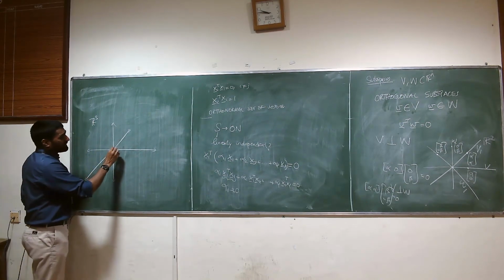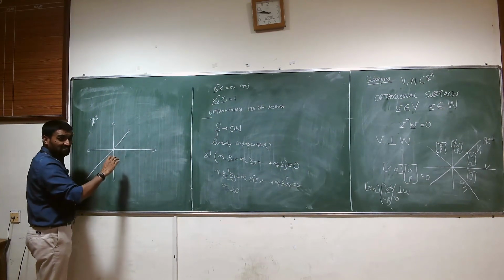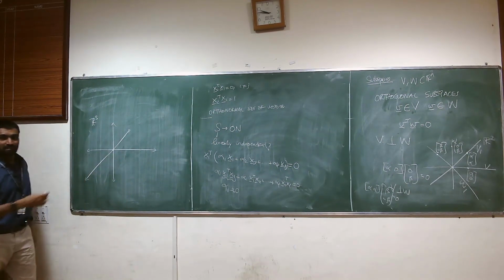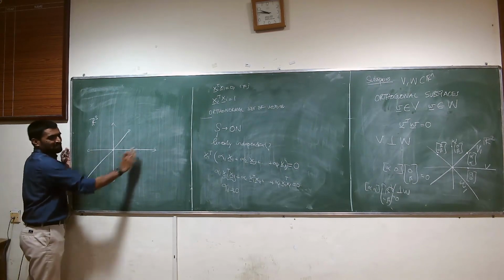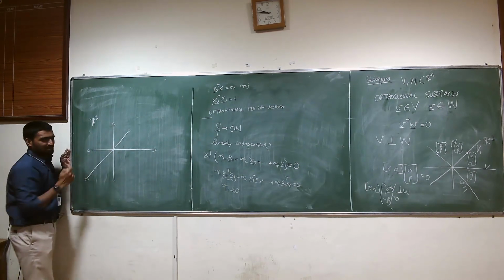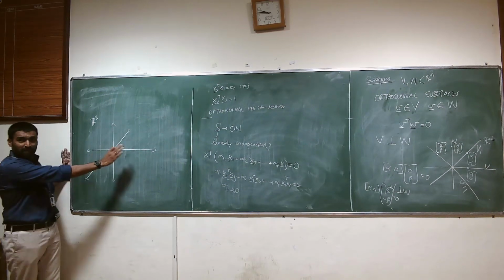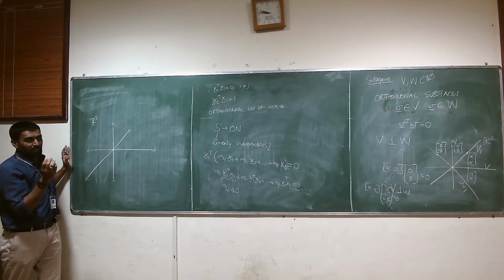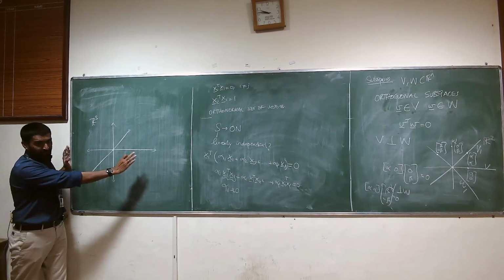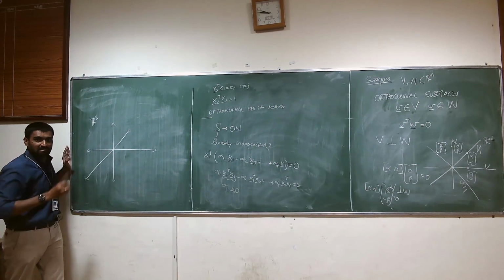What about the xy plane? Is that a subspace of R3? XY plane, that's this plane. Z is coming out. The XY plane is a subspace. We know the Z is a subspace. Is the XY subspace orthogonal to the Z subspace?